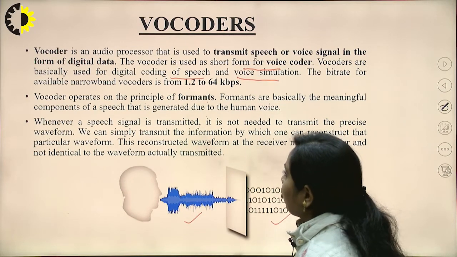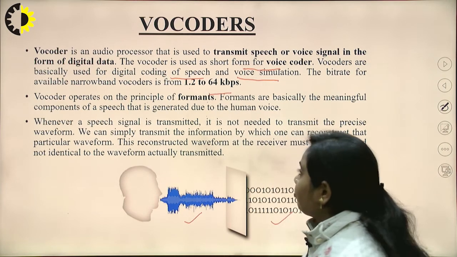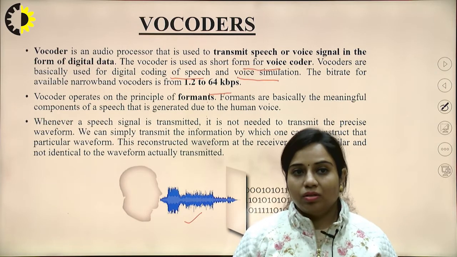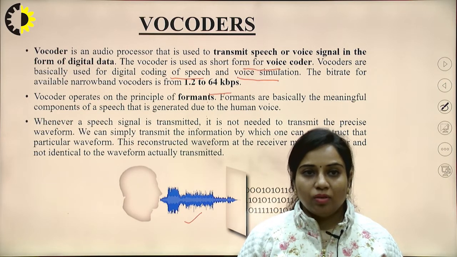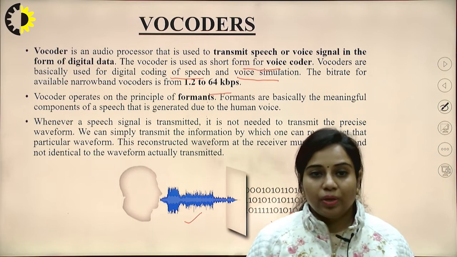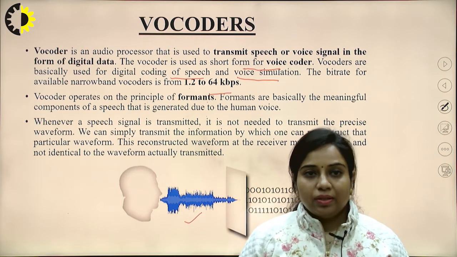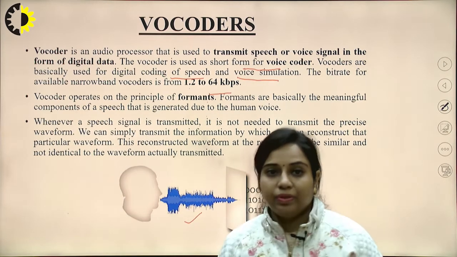The bitrate of available narrowband vocoders is 1.2 to 64 kbps. This is the varying bitrate for a narrowband vocoder, which means you can record your speech signal in this bitrate range.